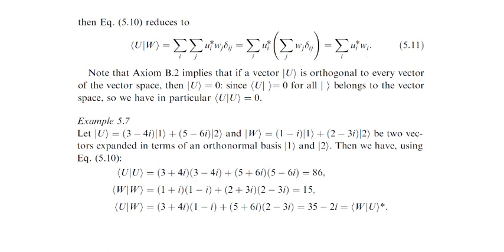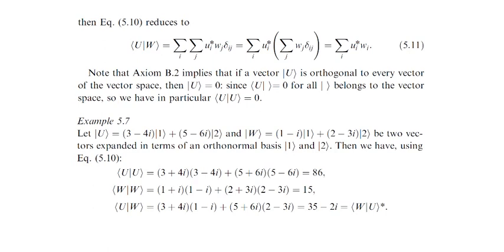Now let's see some examples of how to evaluate the inner product of various vectors. Here vector u and vector w have been expanded in terms of base vectors 1 and 2, and the values given just before the 1s and 2s are the relevant coefficients. You can just imagine that this is u1 and this is u2.